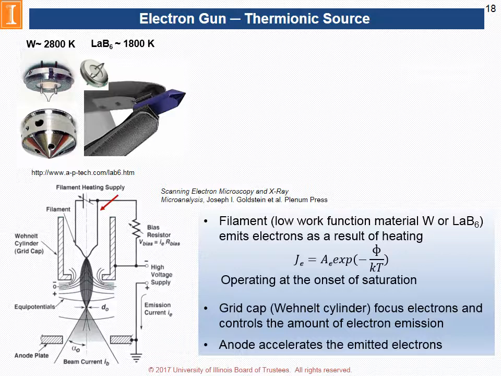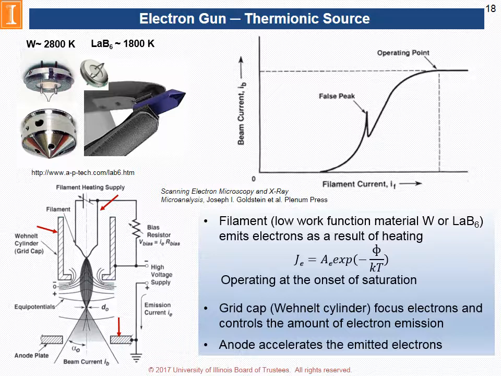The heating supply. The Wehnelt is negatively biased and used to focus electrons and control the amount of emission. And then the anode, which of course is positively biased. It accelerates the emitted electrons.